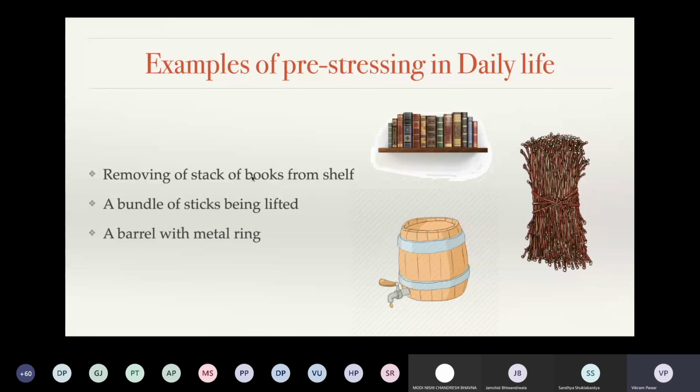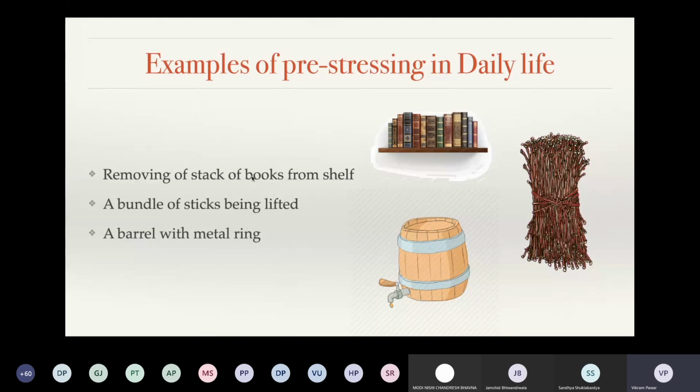Essentially, you are applying pressure horizontally, perpendicular to the direction of gravity. What you are building is a stress within the interfaces of the books, and you are introducing the pre-stressing. Before you lift, you are introducing pre-stressing within this stack of books.